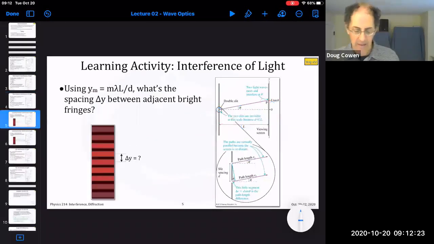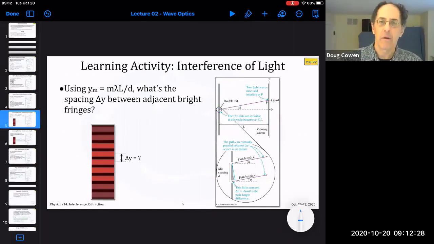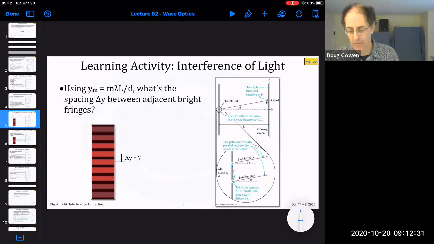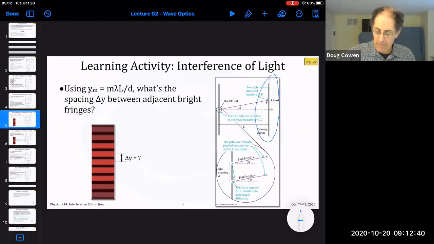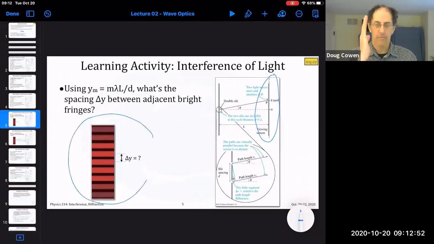All right, so let's apply that. What I'm showing here is the figure that we had from before, on the right. With this screen, you're looking at it edge on in the picture on the slide, and what you're seeing over here is what it looks like when it's facing you.